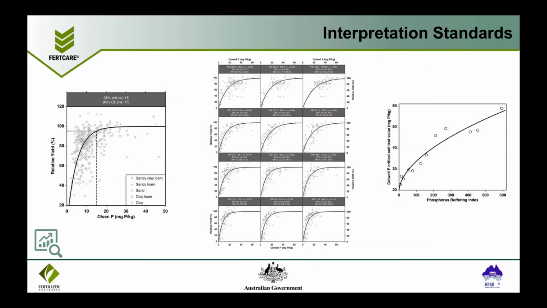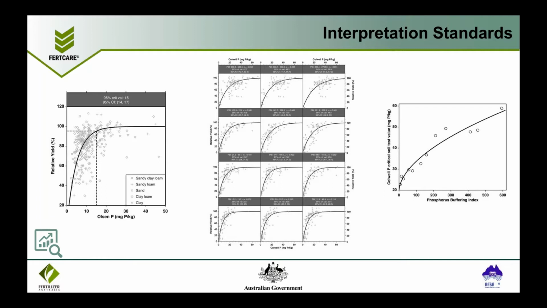As an example, these are some figures that have come out of a recently published paper as part of the Better Fertiliser Decisions for Pastures work. It's in Crop and Pasture Science, Gooley et al., just published in the last month or so. What you'll find in that publication are representations of the response functions and the critical values that have been derived from these national collections of data.